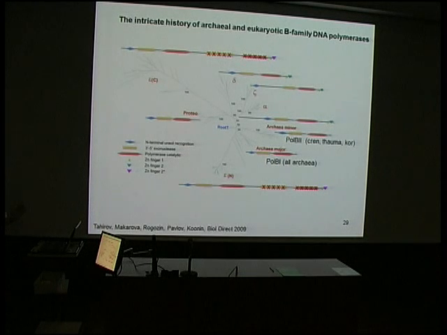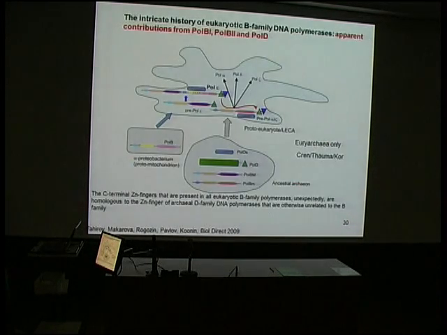Now, some patterns are actually quite complex. For instance, when we analyzed the evolutionary history of all eukaryotic DNA polymerases, the enzymes responsible for DNA replication, we saw a very complex picture with two distinct forms of DNA polymerase inherited from different groups of archaea and possibly yet further inherited from bacteria.